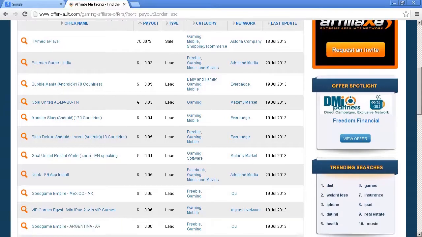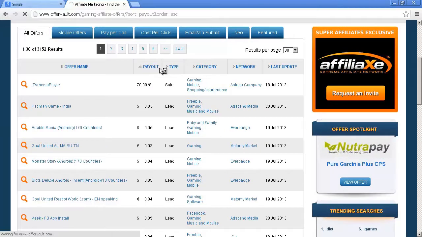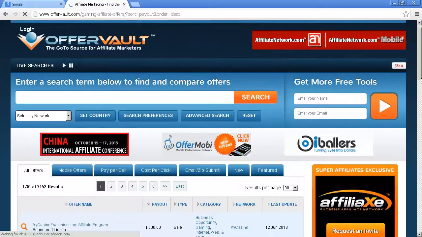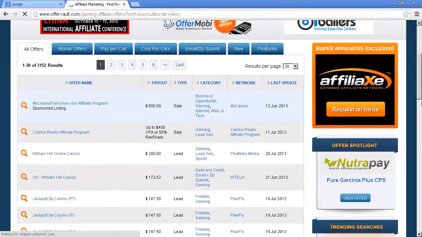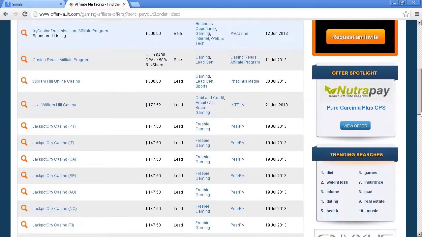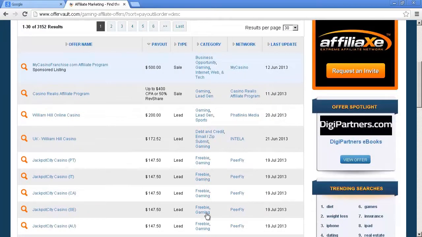And if I click here again, right now we have sorted offers from the highest paid to the lowest. And I think they are also sorted by the category gaming. So this is the highest paid gaming offer.